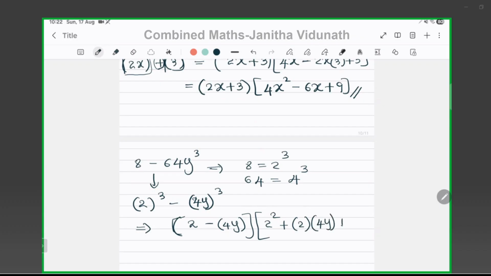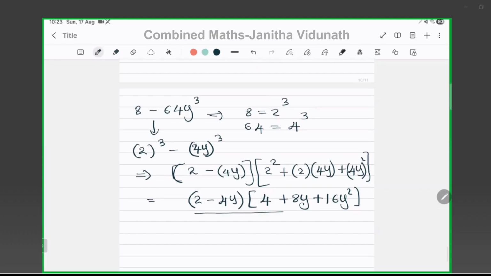Finally, we get always positive sign and the square of the second term. Now here we get 2 minus 4y times 4 plus 8y plus 16y square.